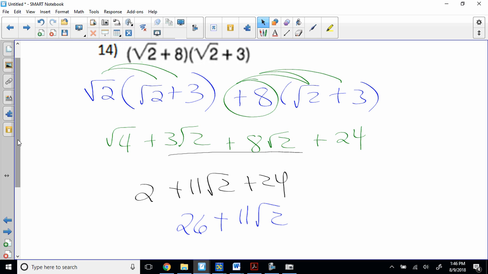Do it again. I'm slow. No, there's a certain way to do it. Yes, sir. Go ahead. Why didn't you multiply the square root of 2? I did. I got square root of 4.